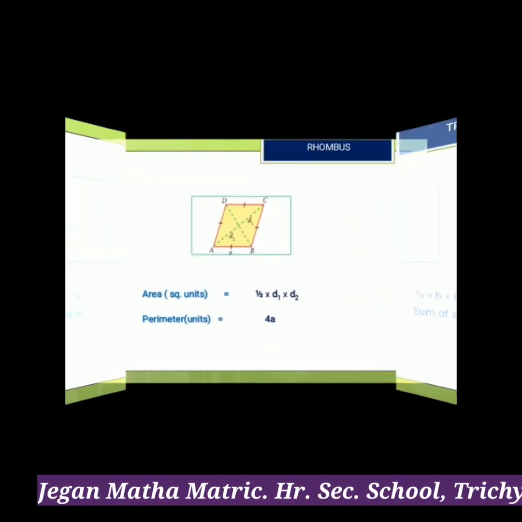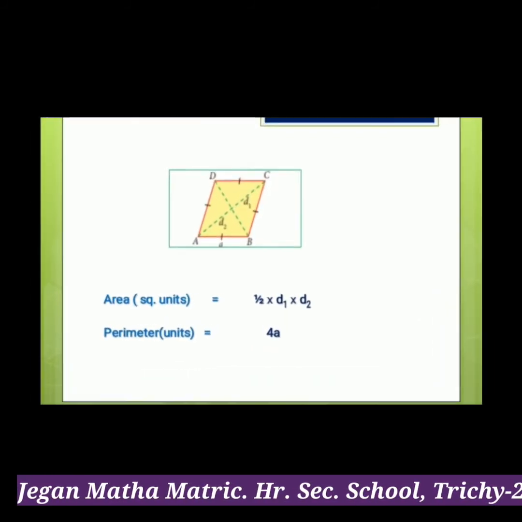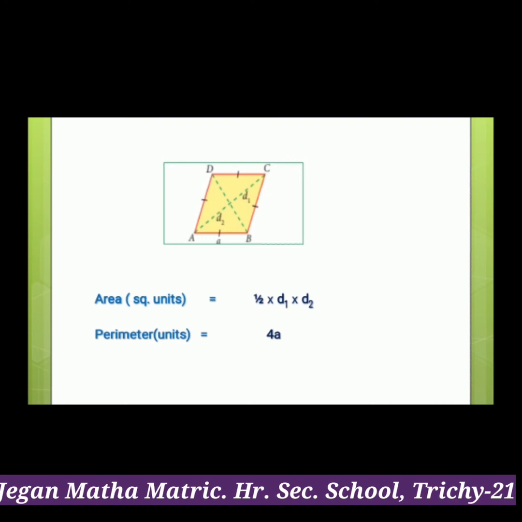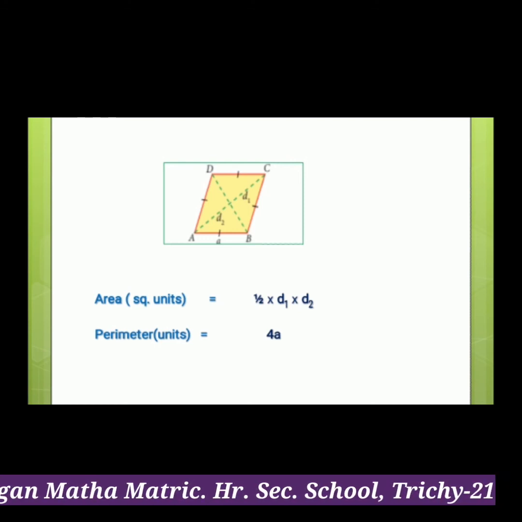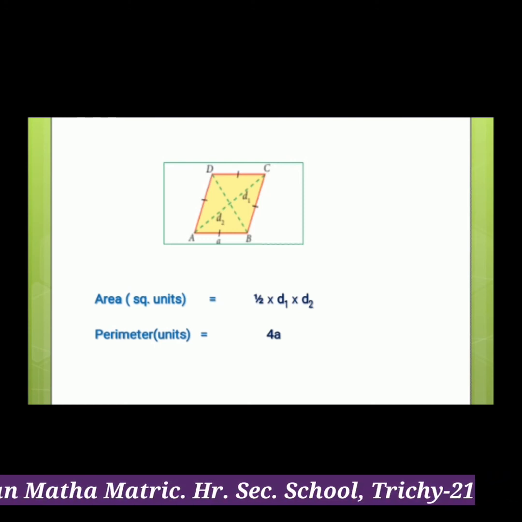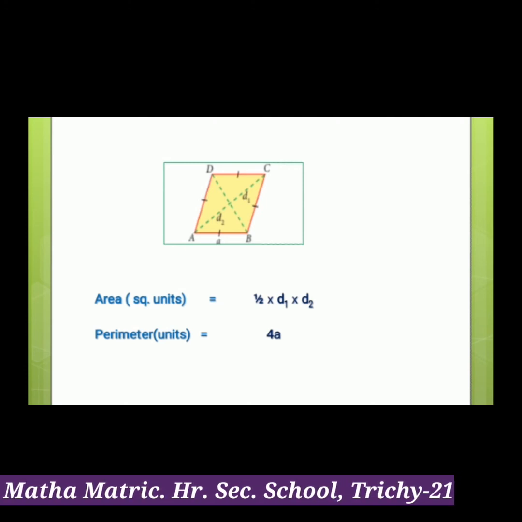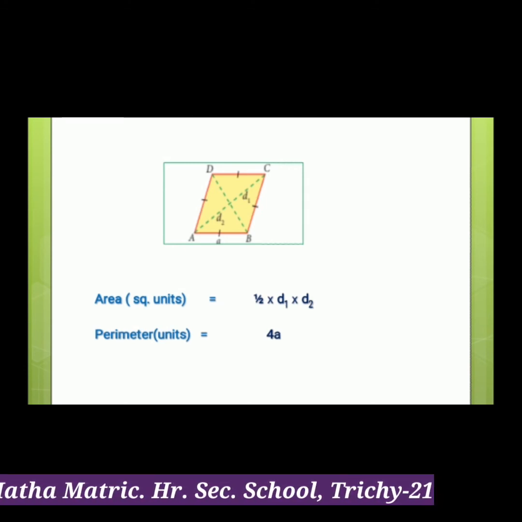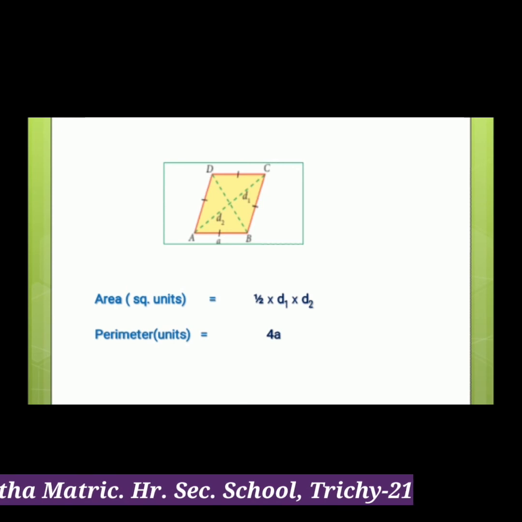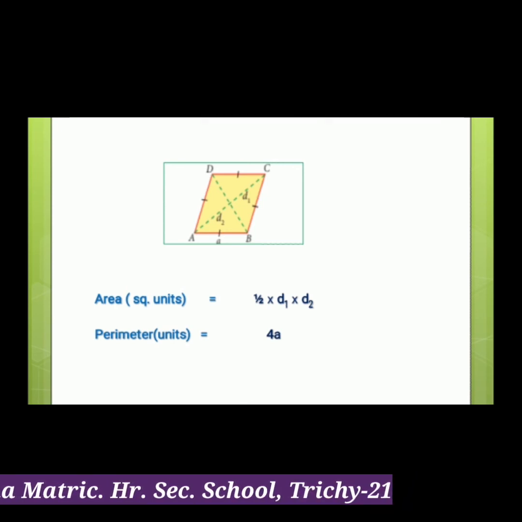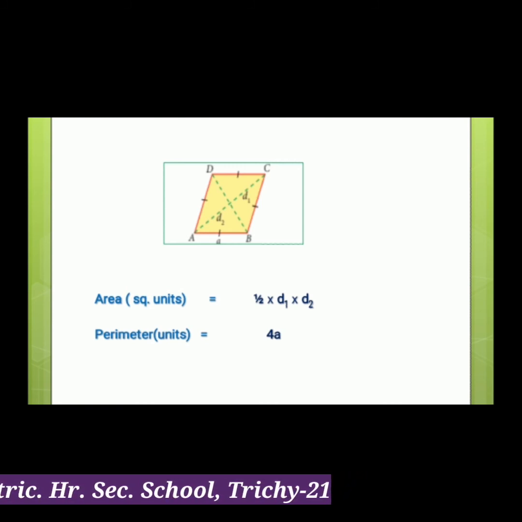The next shape is rhombus. A rhombus has four equal sides, that is AB is equal to BC, BC is equal to CD, CD is equal to DA. All the sides are equal. Then opposite sides are parallel. Here AB is parallel to CD, BC is parallel to AD.